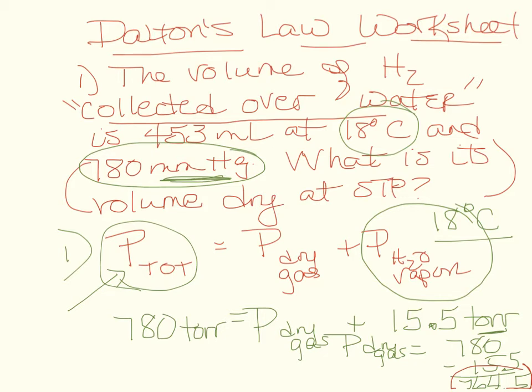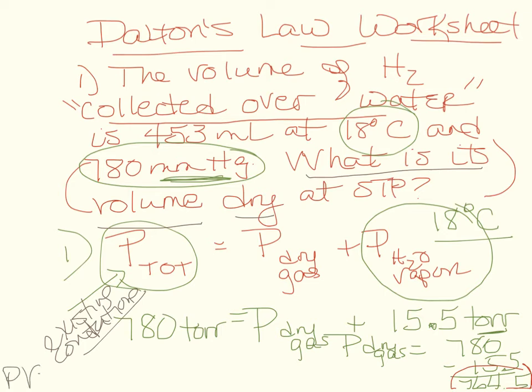Before I open a new page, let's analyze what the rest of the question is asking. It says, what is its volume dry at STP? If they asked you for the volume of this dry gas under the existing conditions, you would use the ideal gas law, PV equals nRT.